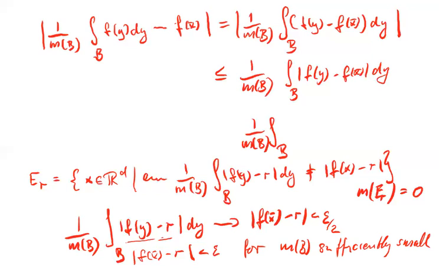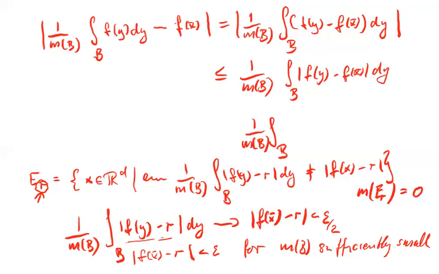Professor, why do we utilize the rational number r here? Because we have to put an index on E_r, which is countable. Right?